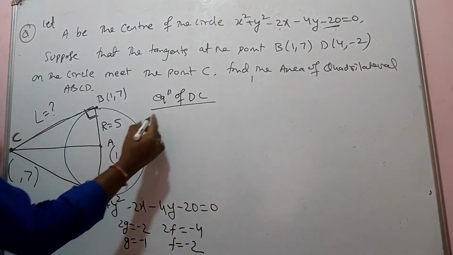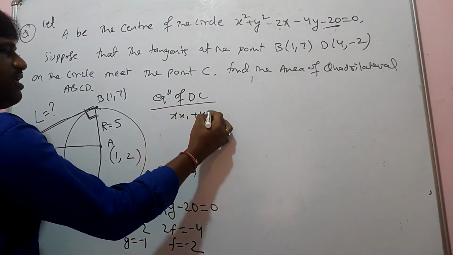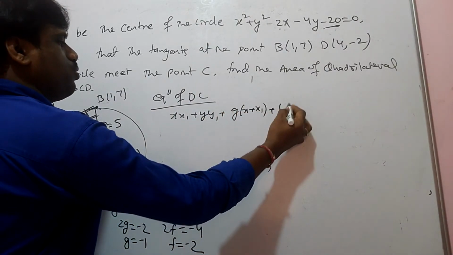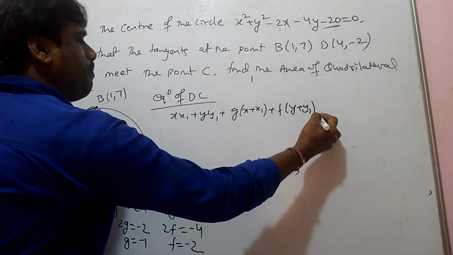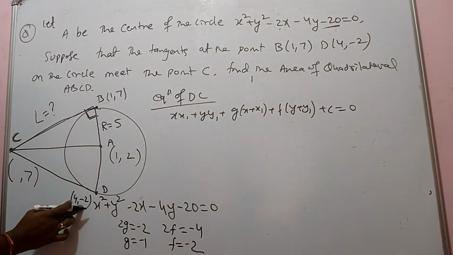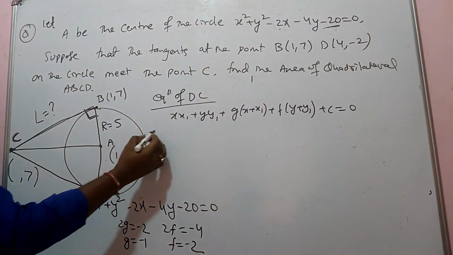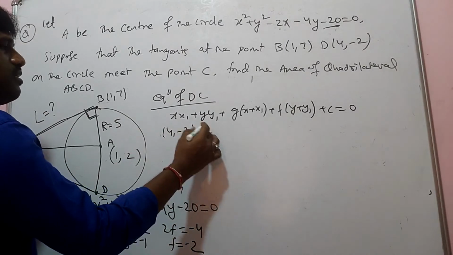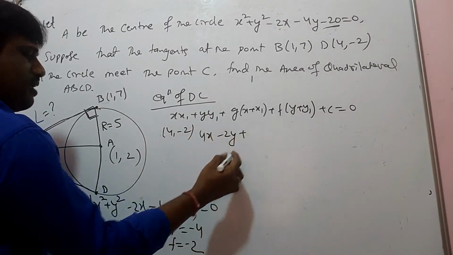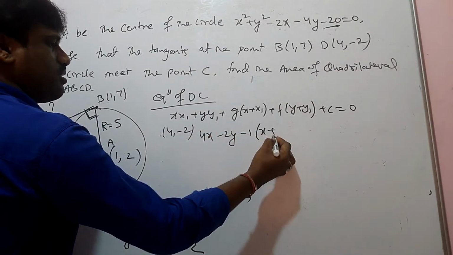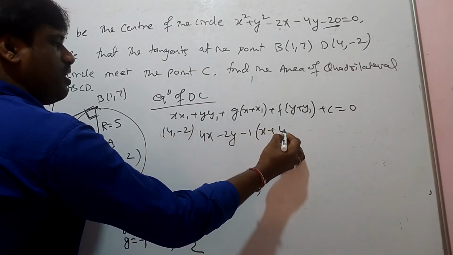I can write again x x1 plus y y1 plus g into x plus x1 plus f into y plus y1 plus c is equal to 0. The point is here 4 comma minus 2. Substitute there: 4x minus 2y plus g is minus 1, minus 1 into x plus x1, x1 is 4.